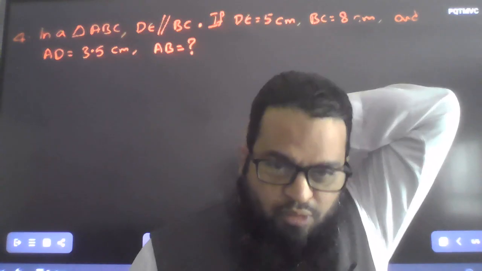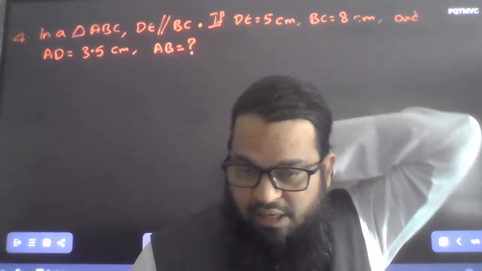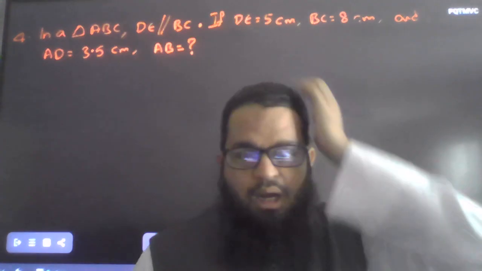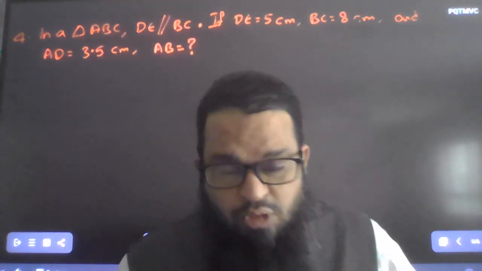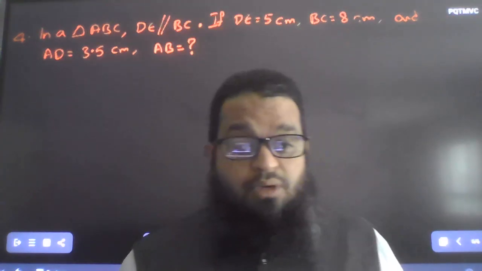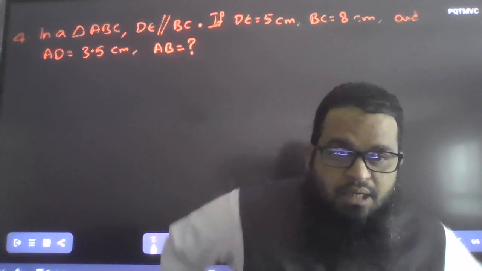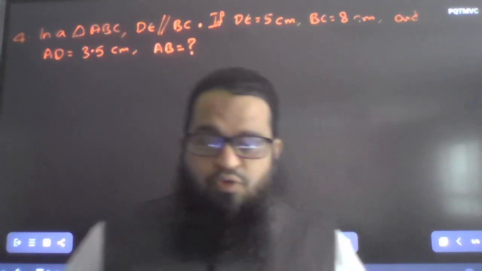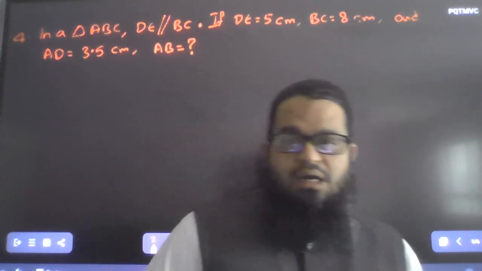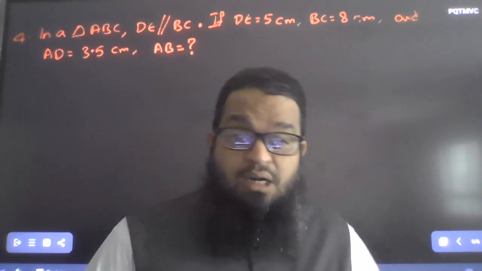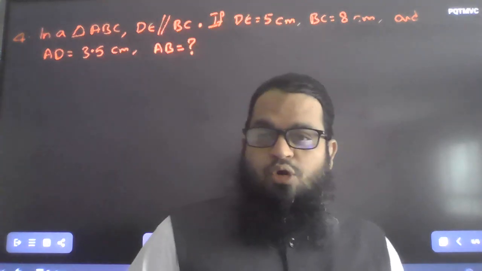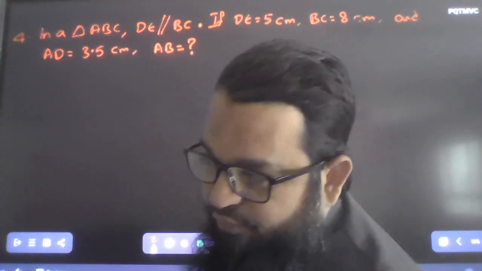And in triangles, what have we studied? We have studied the basic proportionality theorem, and also similarities of the triangle. These types of questions you will not understand fully unless you draw a diagram. So let us draw the diagram first.